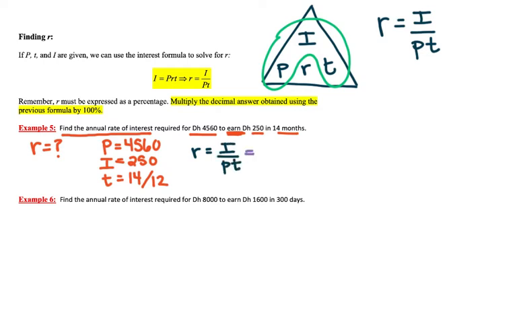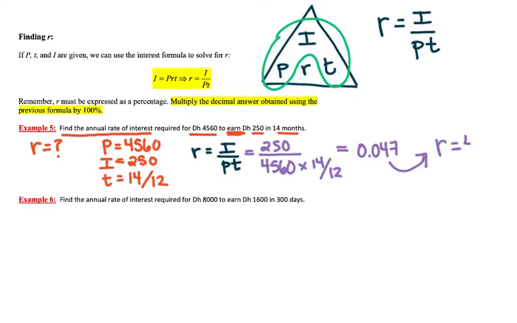In this case we have 250 divided by 4,560 times 14 over 12. If I round, I'll get a decimal 0.047, which if we want to change that into a percent, we just multiply by 100 or move the decimal place 2 places to the right, and you get that the rate is 4.7%.